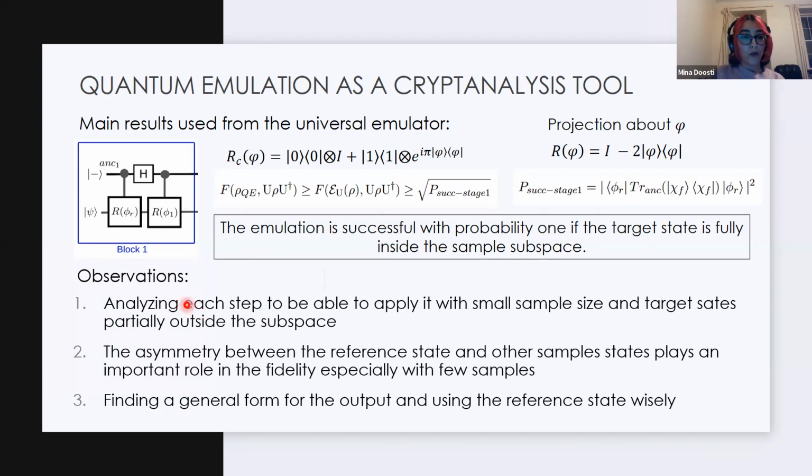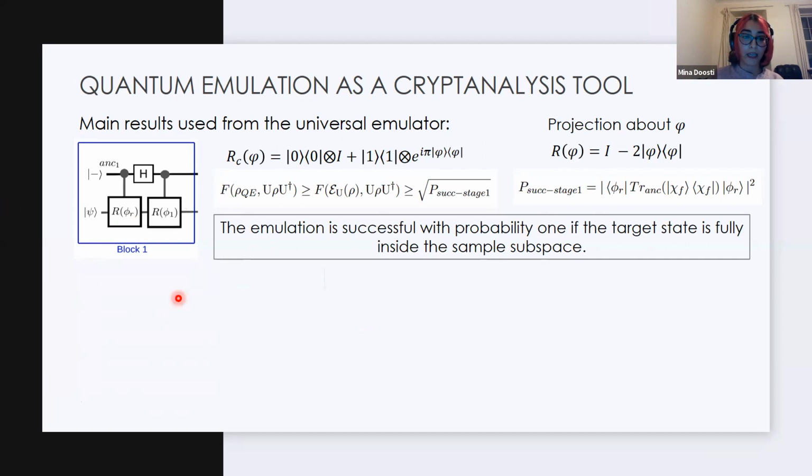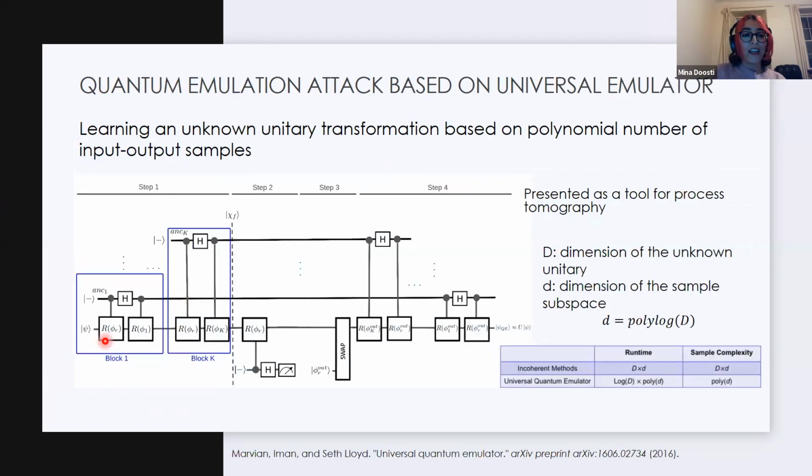And also, one of the properties of this algorithm is that, I need to go back here, at the beginning, you pick one state at random, and in each block, you will always do 2 reflections. One is around a sample state, and one is around that specific state. So there's one state that you repeatedly reflect about.